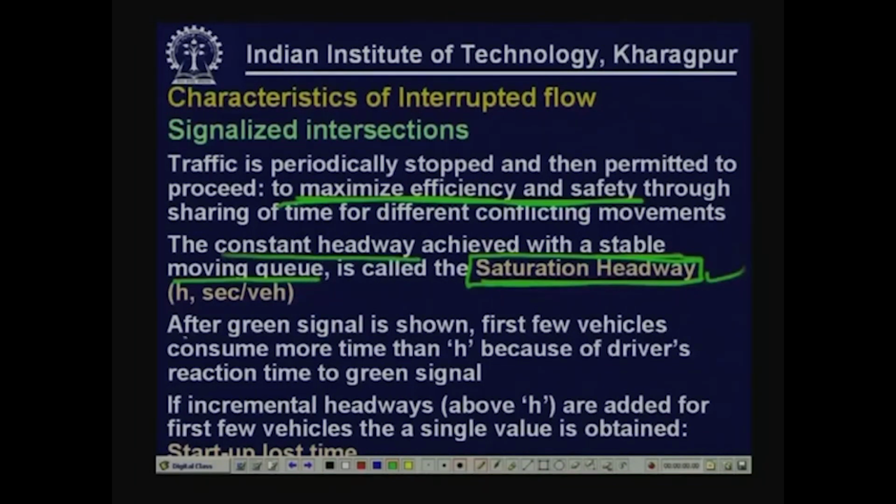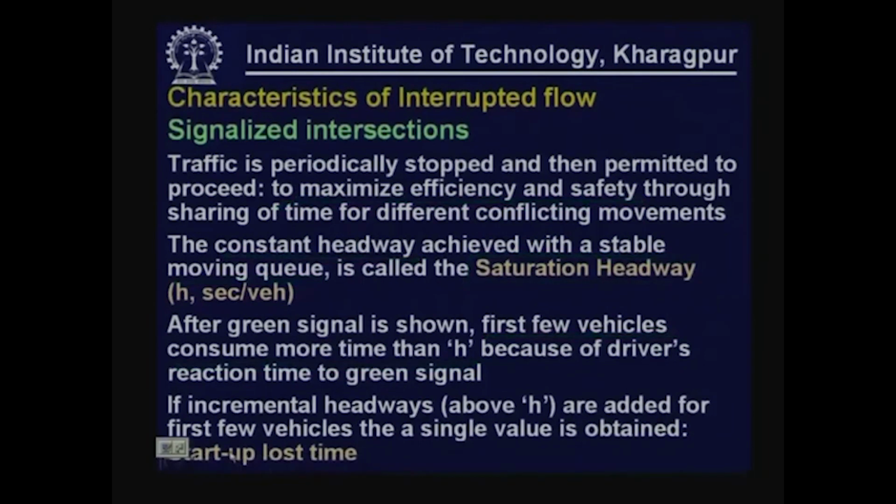Now, obviously after the green signal is shown, the first few vehicles consume more than h, where h is the saturation headway. They consume more than h because of the driver's reaction time to the green signal. So, if incremental headways are added, that means the extra time over h for the first few vehicles, if we add all of them, then that is known as start-up lost time.